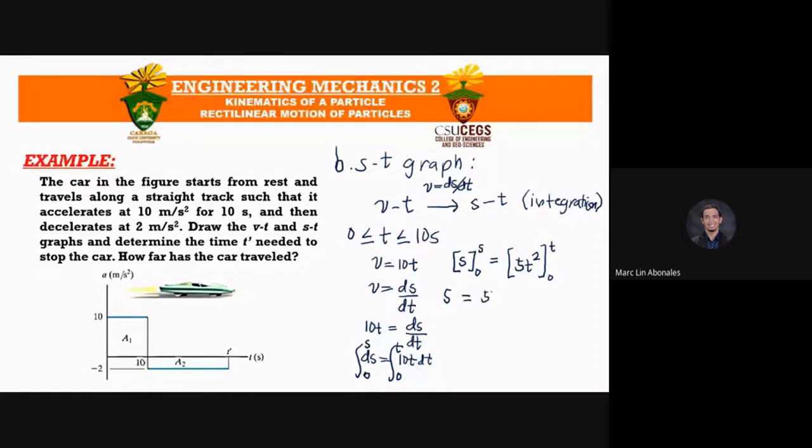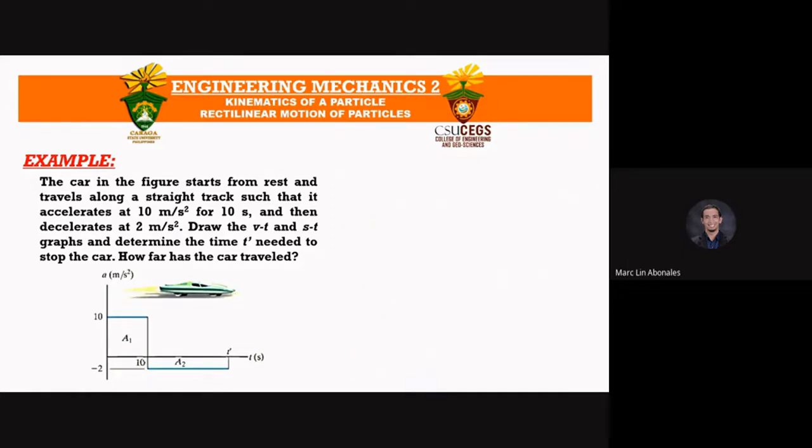So this is the equation or the function of the position for the time interval na 0 to 10 seconds. So later, balik ta sa Desmos, once compute na nato ang function for the second time interval. Now let us proceed on the second time interval.